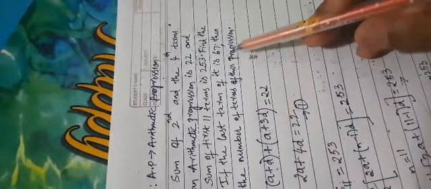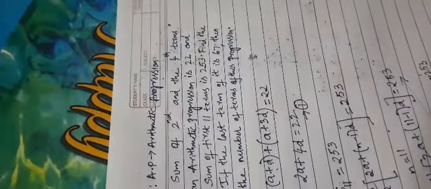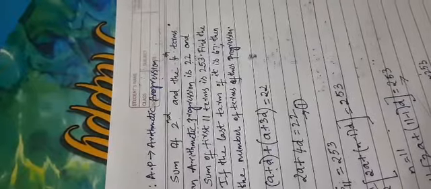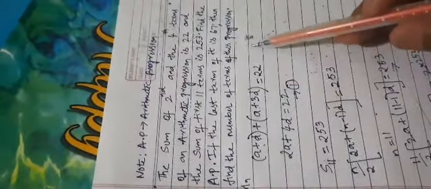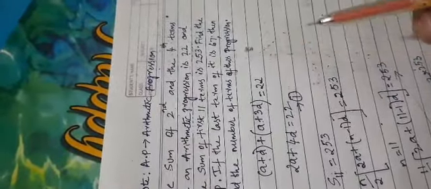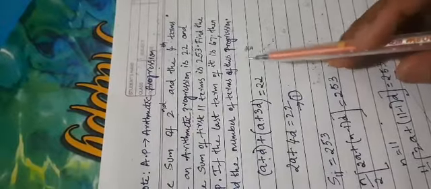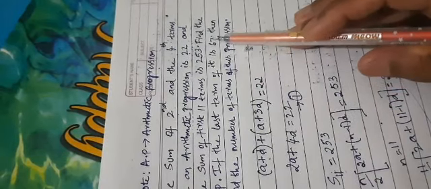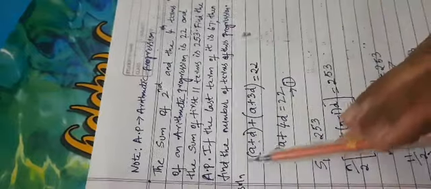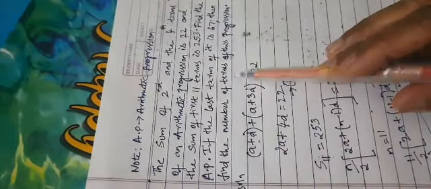After finding the AP, the next part of the question is: if the last term of it is 67, so the last term is nothing but an is equal to 67 given, and we have to find the number of terms. Number of terms means n equals question mark. The last term is represented by an, given as 67.